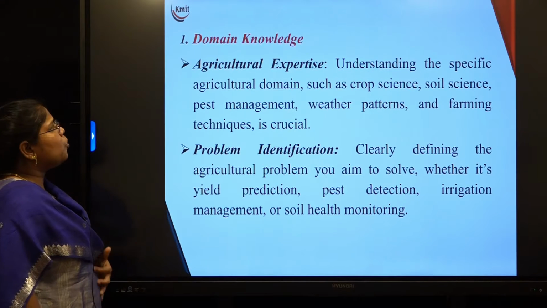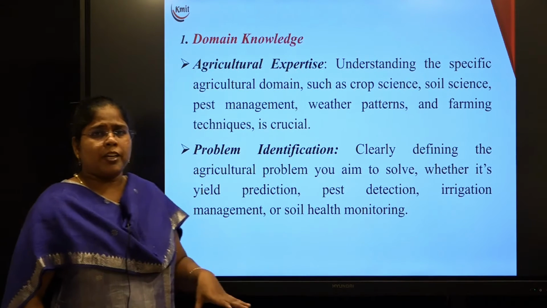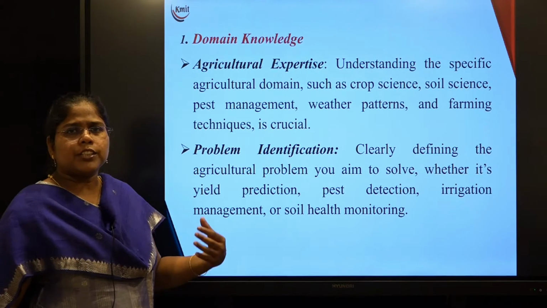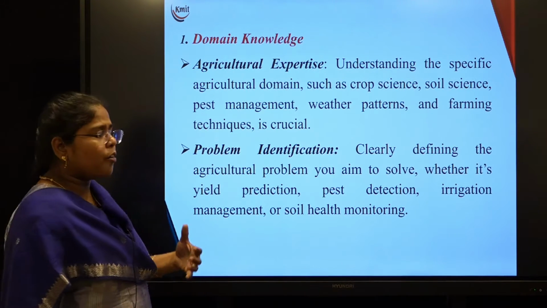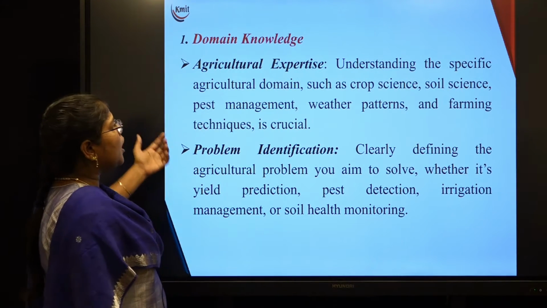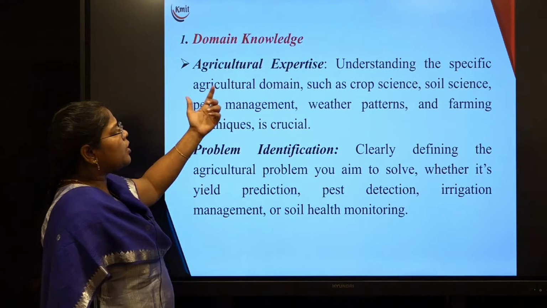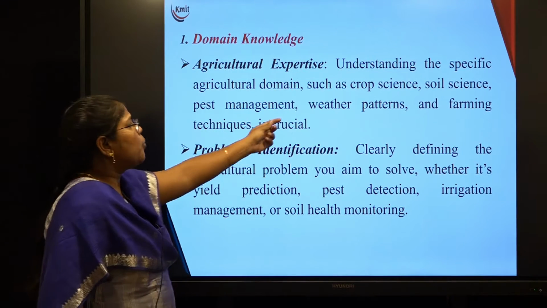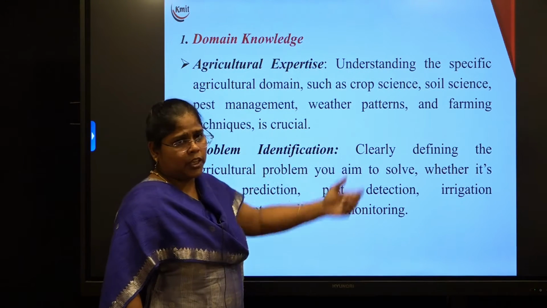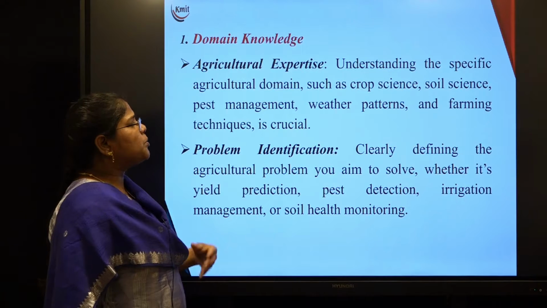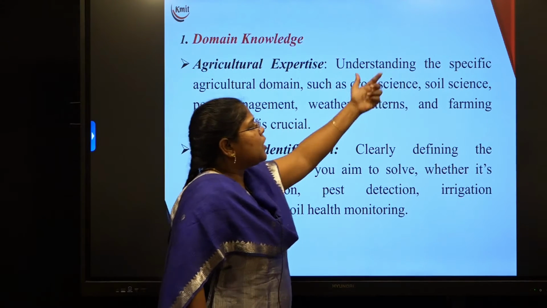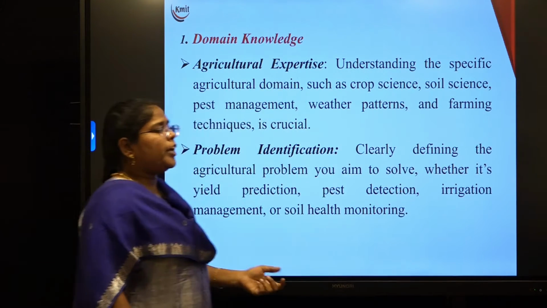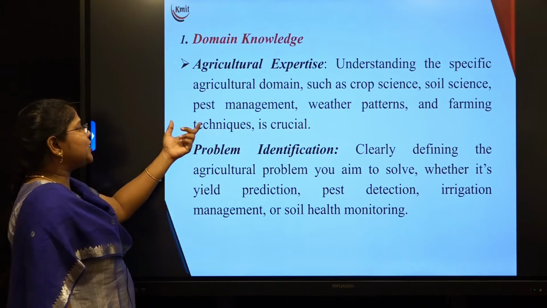If you see the domain knowledge, what is the domain knowledge? We are discussing the agriculture models. So, for agriculture models, we need to have the agriculture domain knowledge, which is nothing but our crop science. How crops are developed and what are the advantages of crops, and next we should have knowledge of soil science.